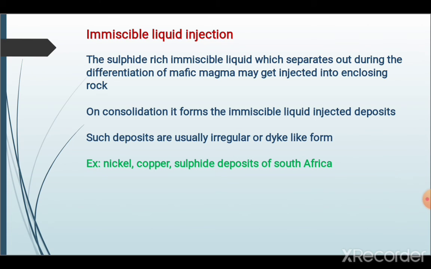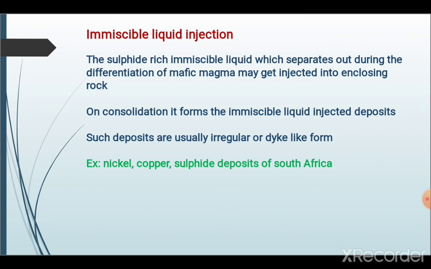On consolidation, it forms the immiscible liquid injection deposits. So the injection deposits are formed due to the separation of sulfide-rich liquid, which may get injected into the enclosing rock. Later, it will be formed as injected deposits.